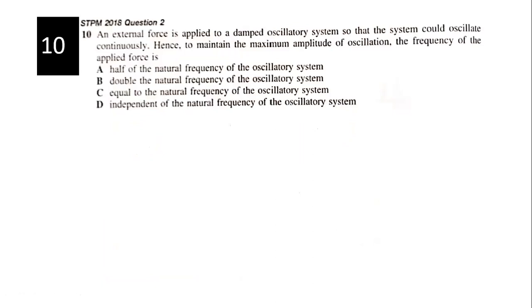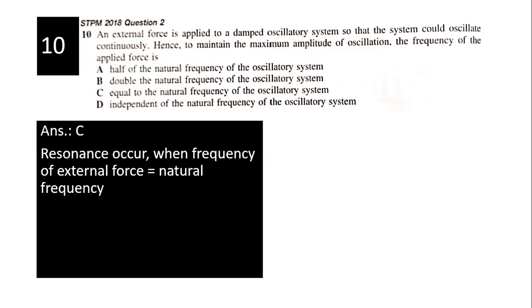An external force is applied to a damped oscillating system so that the system could oscillate continuously. Hence, to maintain the maximum amplitude of oscillation, the frequency of the applied force is? It must be equal, not double.